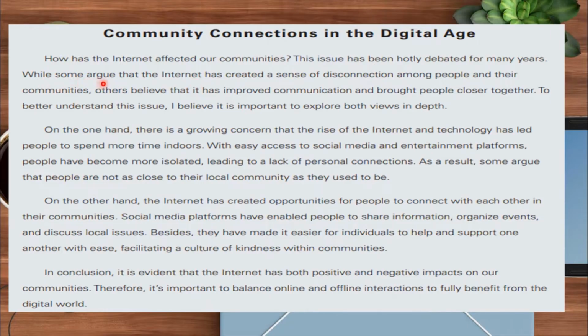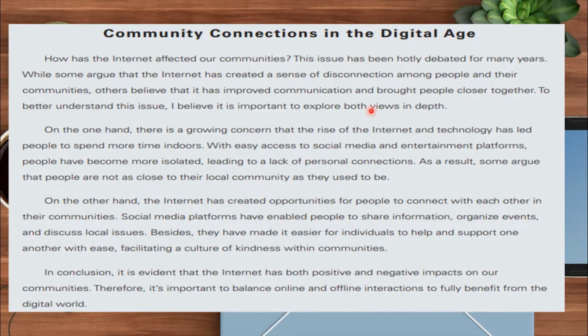While some argue that the internet has created a sense of disconnection among people, others, so we have two teams here. So you have to follow the procedures to create a state of disagreement among two teams of people in the introduction, I mean.